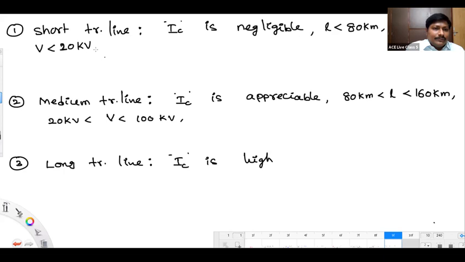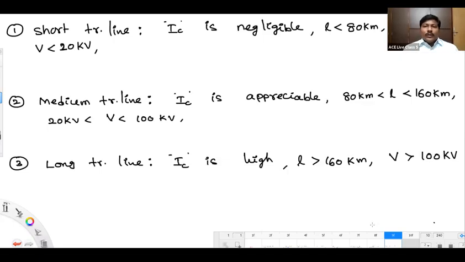Okay, long line means length greater than 160 kilometers, operating voltage greater than 100 kV.